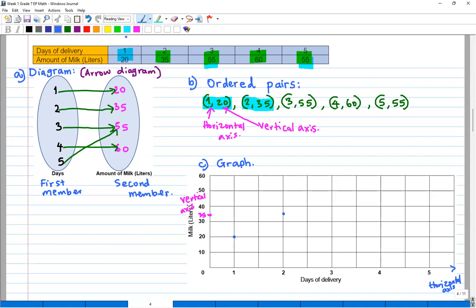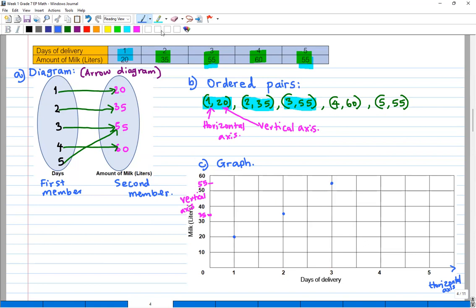Then next is 3, 55. Okay, so 3, and we need to look for 55. 55 lies between 50 and 60. So it means that 55 is around here. Okay, now we get the meeting point of 3 and 55, which is around here.